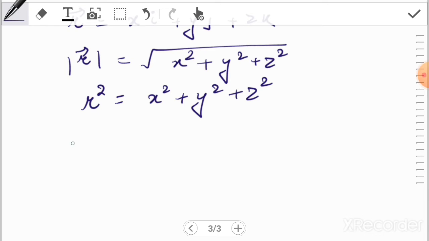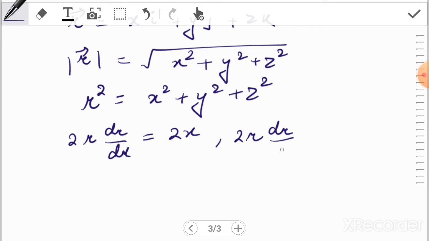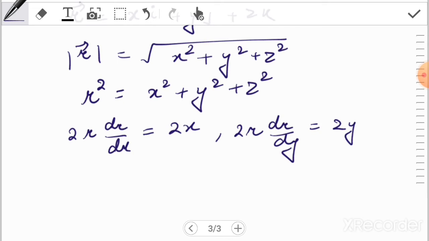Let us differentiate: 2r dr by dx is equal to 2x dx by dx. Also 2r dr by dy is equal to 2y dy by dy. Again, differentiating z square with respect to z, 2r dr by dz is equal to 2z dz by dz.